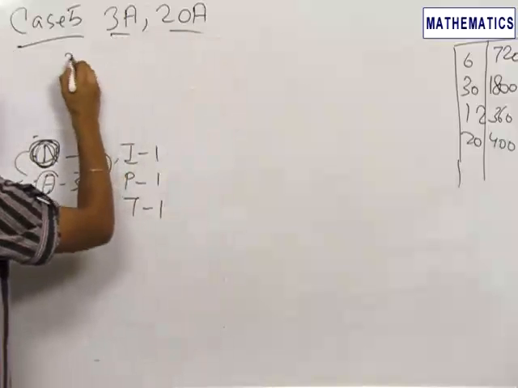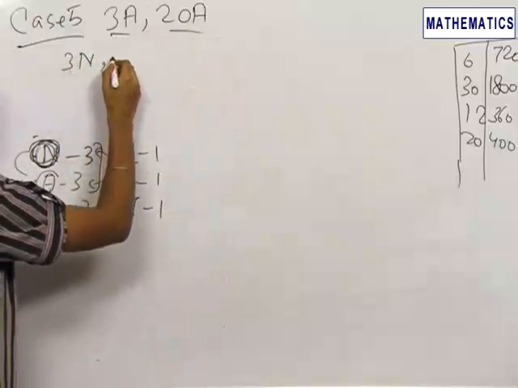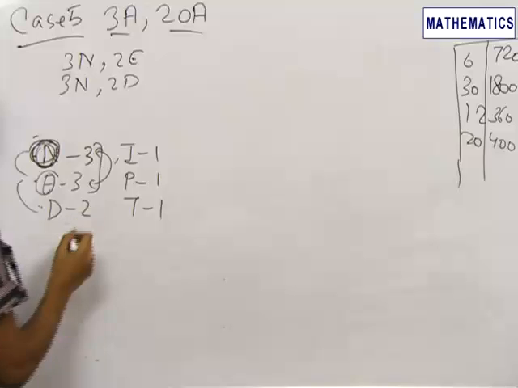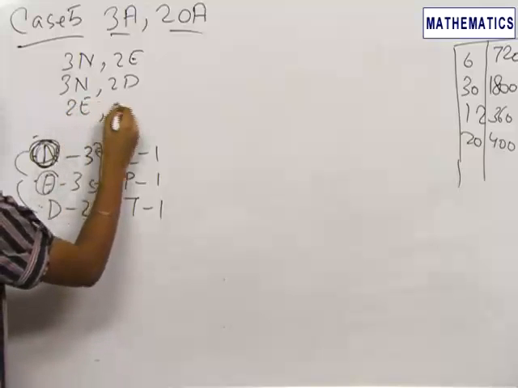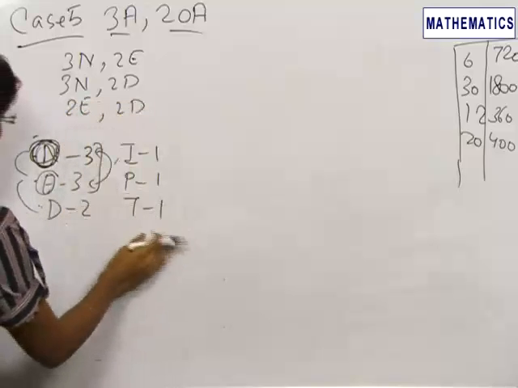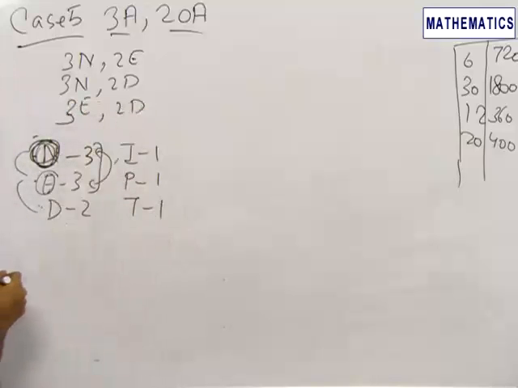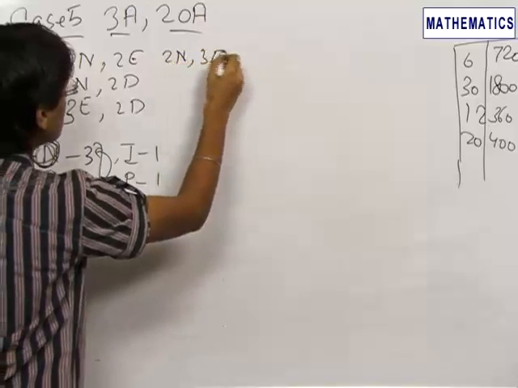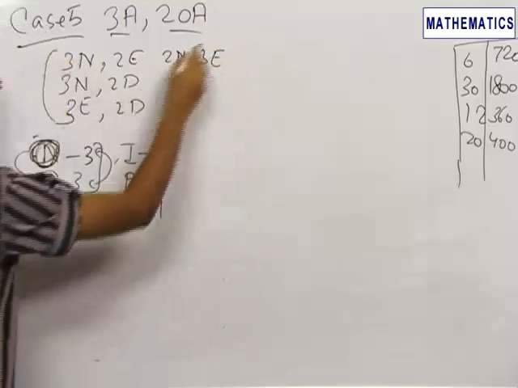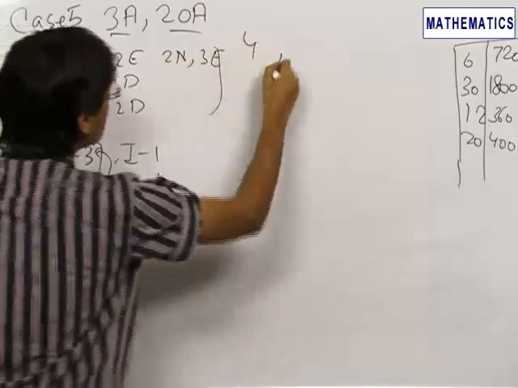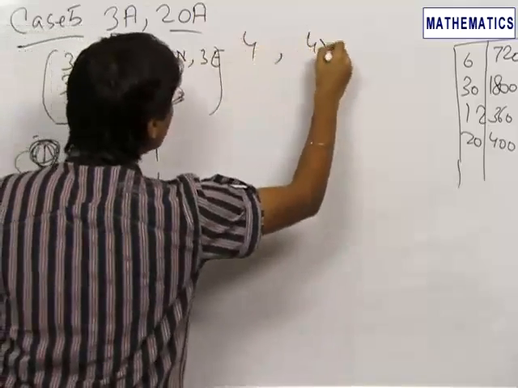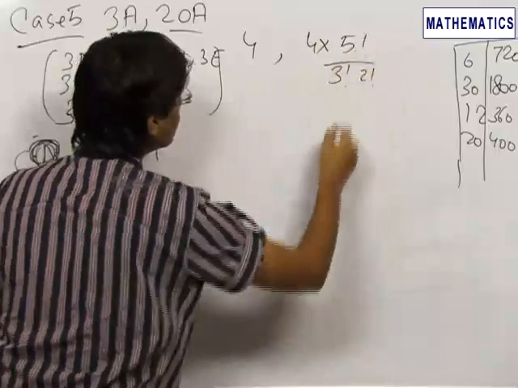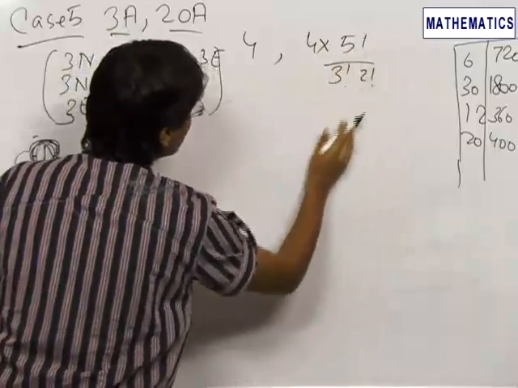We can have 3N, 2E, we can have 3N, 2D, we can have 3E and 2D, or what we can have is 2N and 3E. So these are the 4 cases possible over here, and the number of words that can be formed are 4 into 5 factorial upon 3 factorial, 2 factorial, this is 120 divided by 12 is 10, so this is 4 and 40.